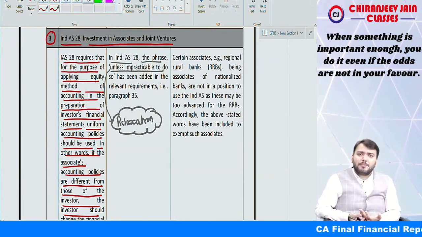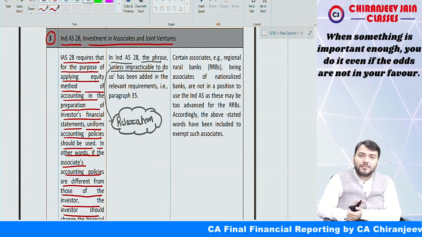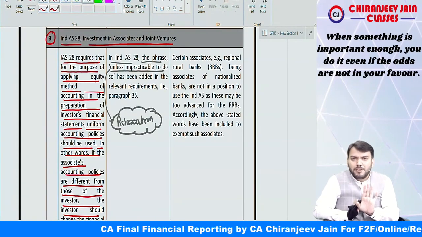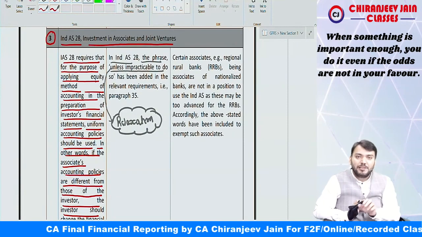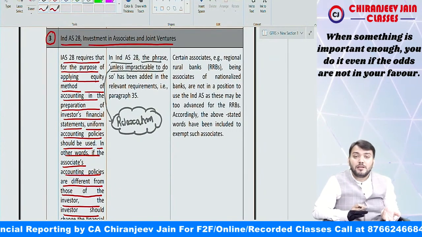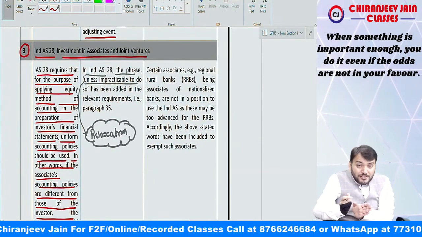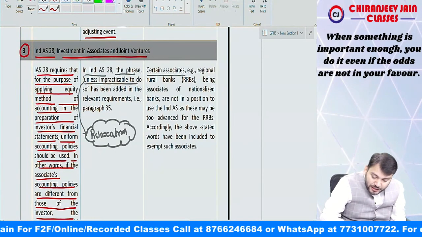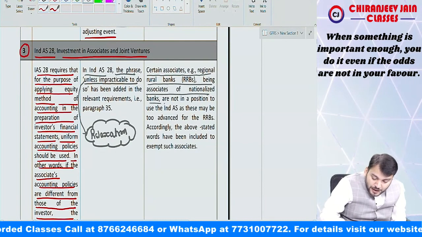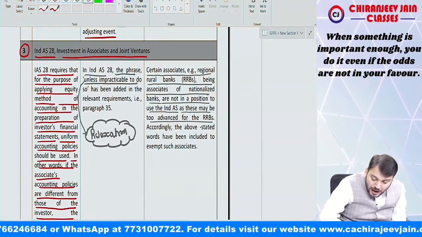So how does an impracticable situation arise? It might happen that there are many associates which are not applying Ind AS. For example, many nationalized banks have RRBs. RRB means Regional Rural Bank, and for regional rural banks, Ind AS is not applicable. Are you getting it? So this phrase has been added for this situation. What they have said: certain associates, for example RRBs, being associates of nationalized banks, are not in a position to use Ind AS as this may be too advanced for the RRBs.